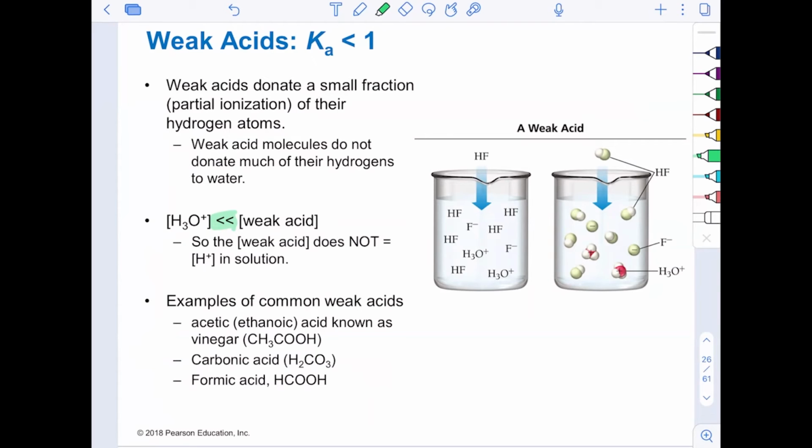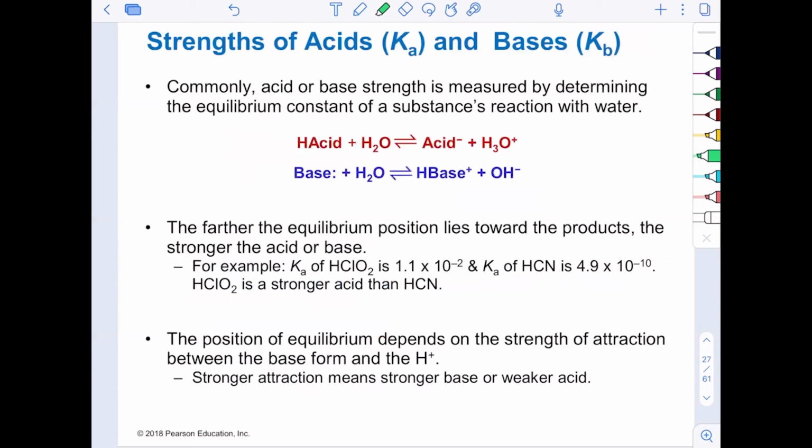All right, examples of our weak acids would be vinegar, acetic acid, carbonic acid, things like when you bubble carbon dioxide into soda and you make carbonated water, there's carbonic acid in there, and formic acid. Now, the strengths of the acid are going to be able to be looked at in terms of the equilibrium constant, the Ka. We will see a Kb for bases, all right? So we have our 2 reactions here.